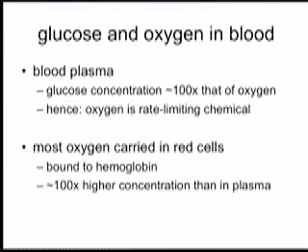Glucose concentrations typically are much, much higher and will not be the limiting factor. So we realize that most oxygen, of course, is carried in red cells bound to hemoglobin, with much higher concentrations than is available in plasma. And so one of the key issues is how does that oxygen come out, and how is that affected by the potential of robots that might be drawing the oxygen and consuming it much more rapidly than the surrounding tissue.